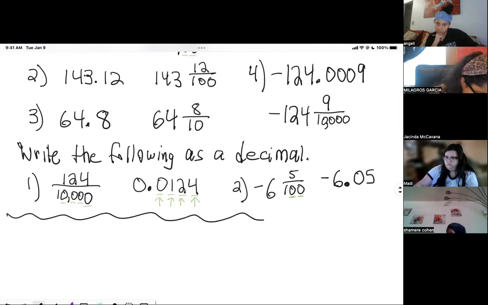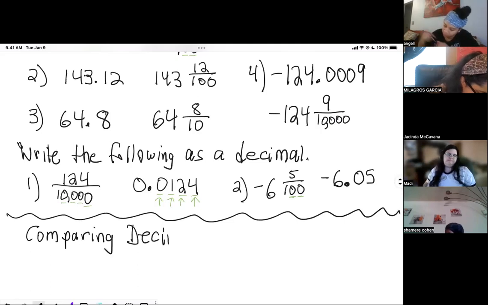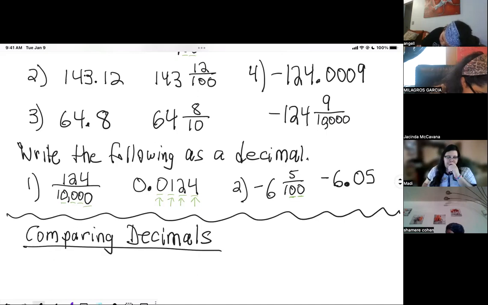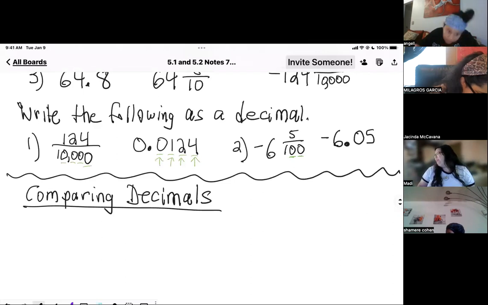All right, now we're going to look at comparing decimals. All right, so let me write this out real fast.